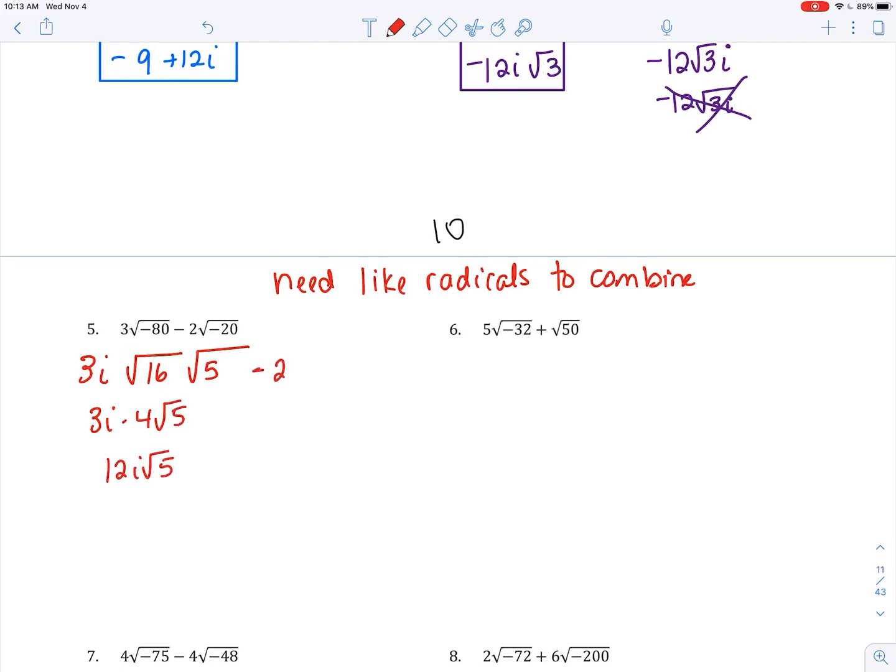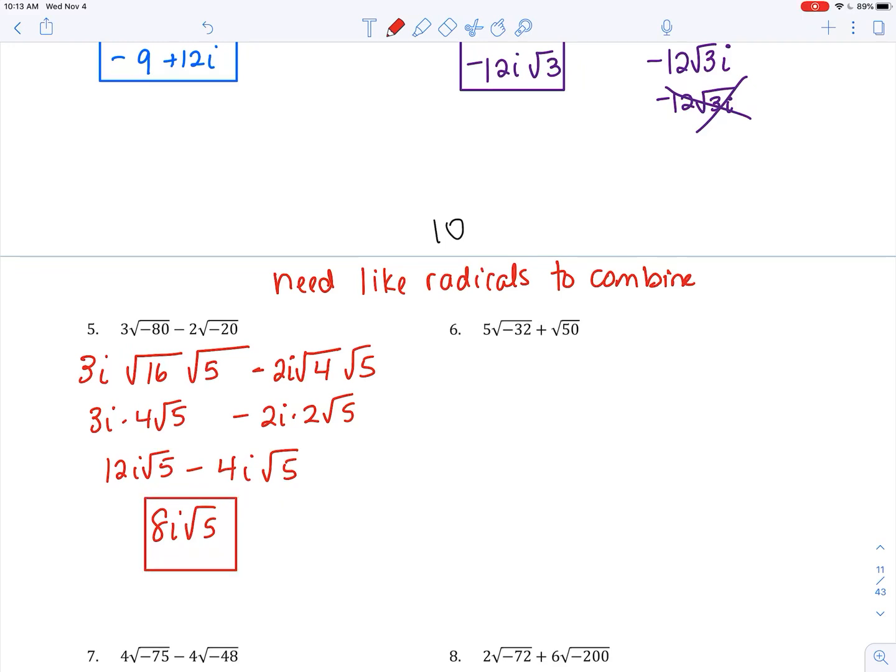The other one is a minus 2i. You take out the i because of the negative, and then 4 and 5. So that's negative 2 times 2 root 5, which gives you negative 4i root 5. These are like terms because they both end with an i and a radical 5. So 12 minus 4 is 8. The answer is 8i root 5. It's not a binomial, so you don't have to worry about a plus bi form.